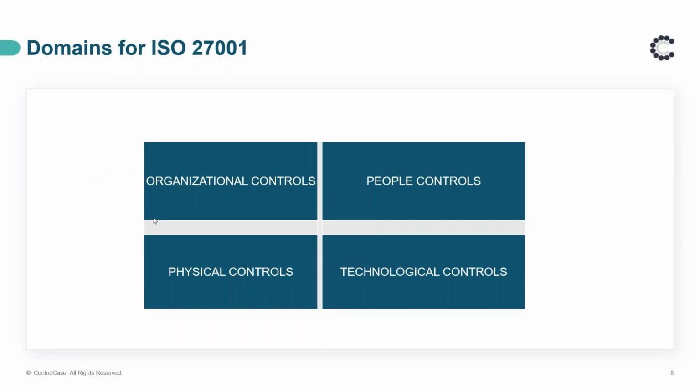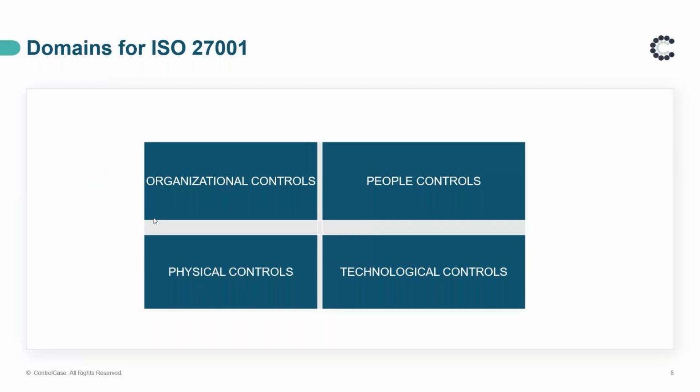Now, earlier, in ISO 27001 annexures, there were 114 controls divided into 14 categories. The latest version of ISO 27001, which is ISO 27001:2022, has 4 high-level domains and 93 security controls. So they merged a few controls to bring it to 93.